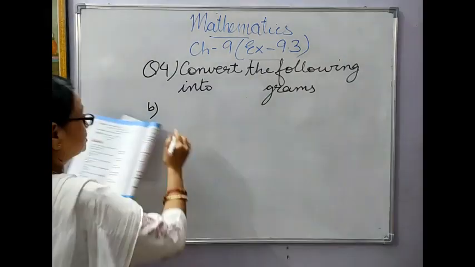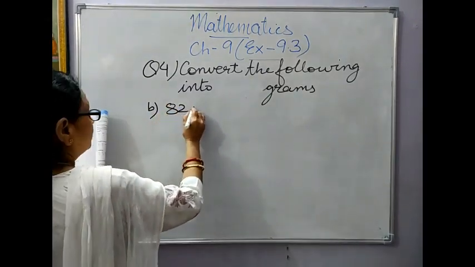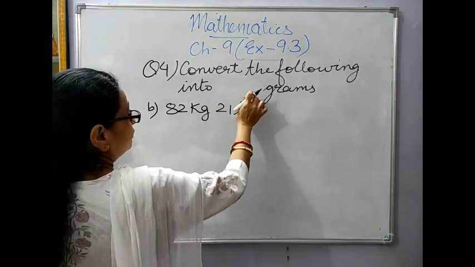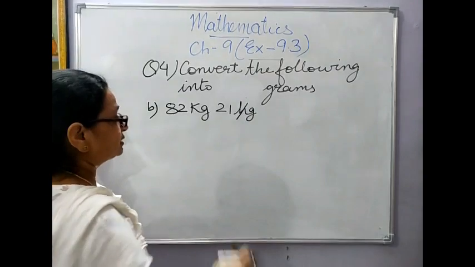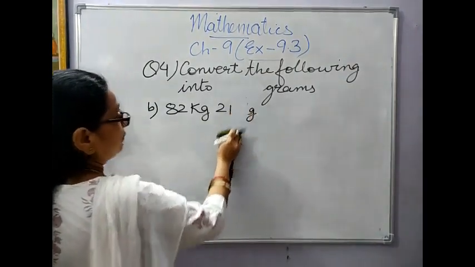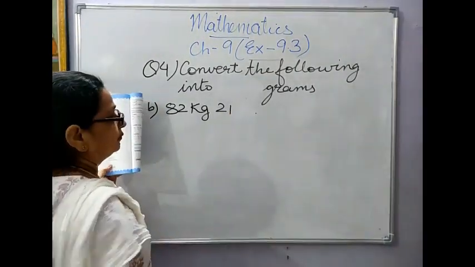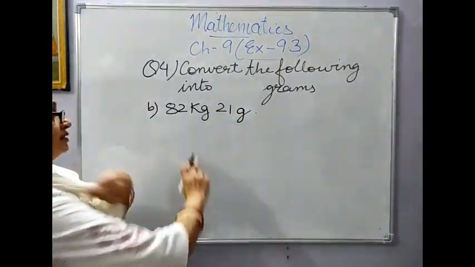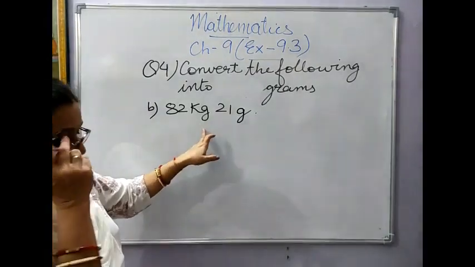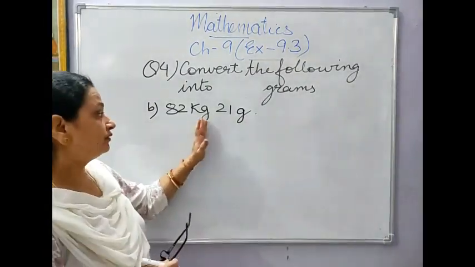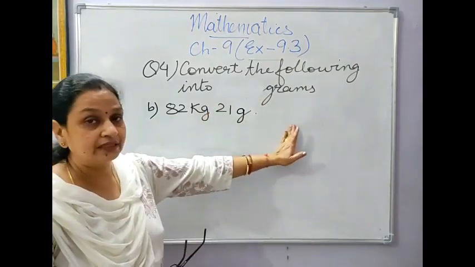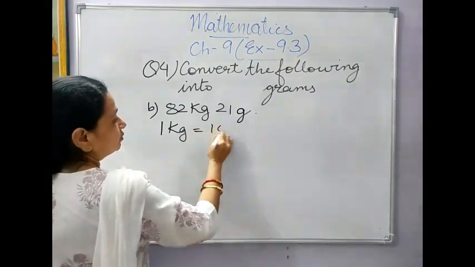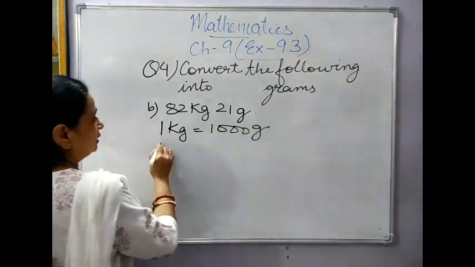There is also one change. It is 82 kilograms and 21 hectogram is there. We will not be using H, that is hectogram. We make it gram. Okay. And we will be doing in the same way. First of all, since kilogram has to be converted into gram, we will keep this on the left side and this on the right side. First relationship, 1 kilogram is equals to 1000 grams.